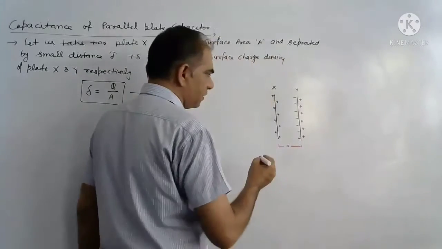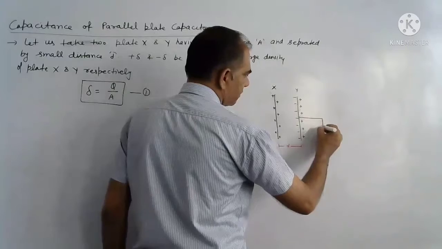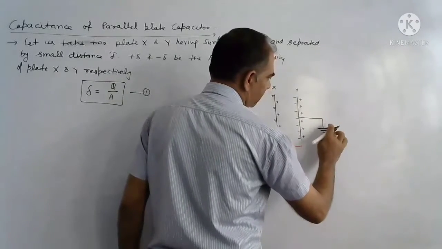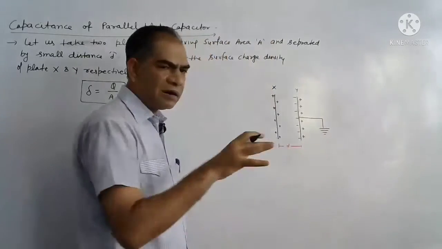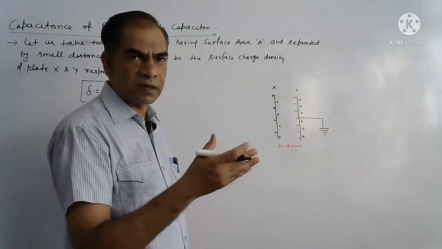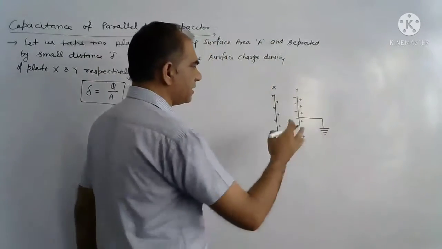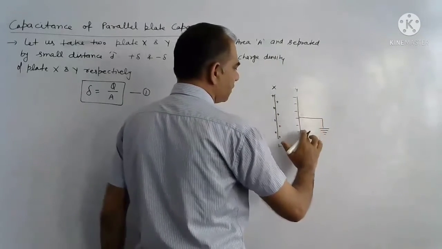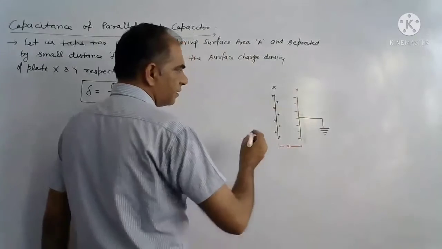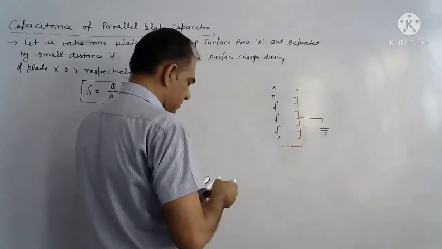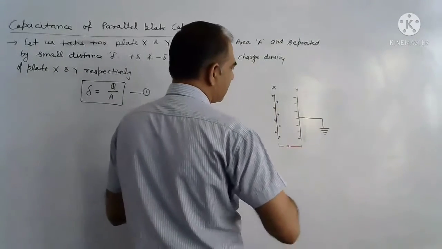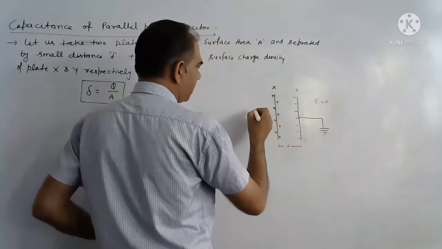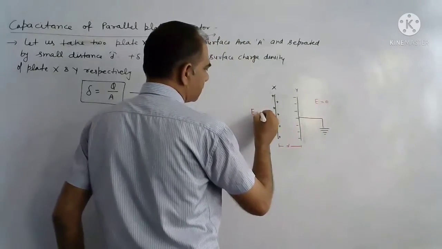When this plate is earthed, free electrons from the earth neutralize this positive charge, and the positive charge disappears from the outer side of this plate. Due to this, the electric field outside is zero, and since these are metallic plates, the electric field inside them is also zero.